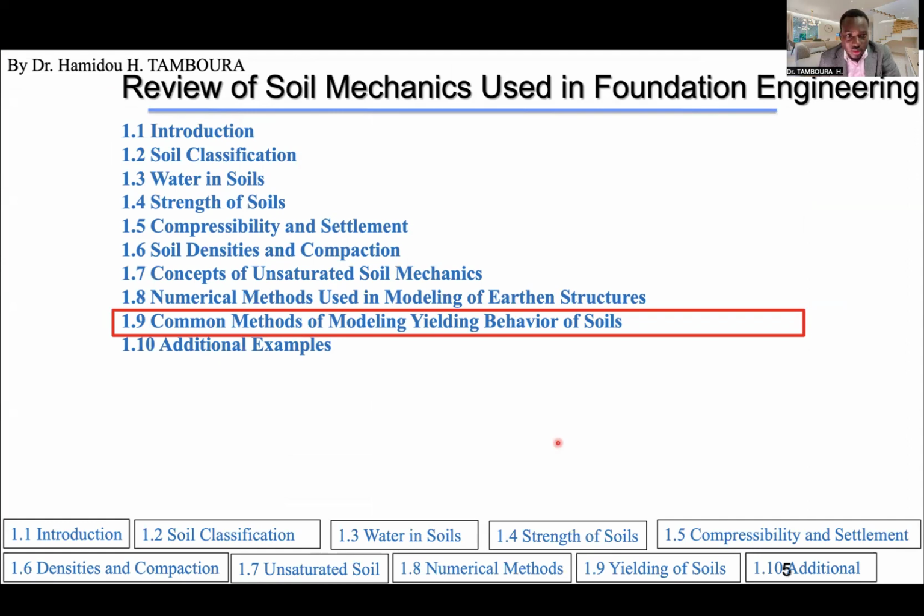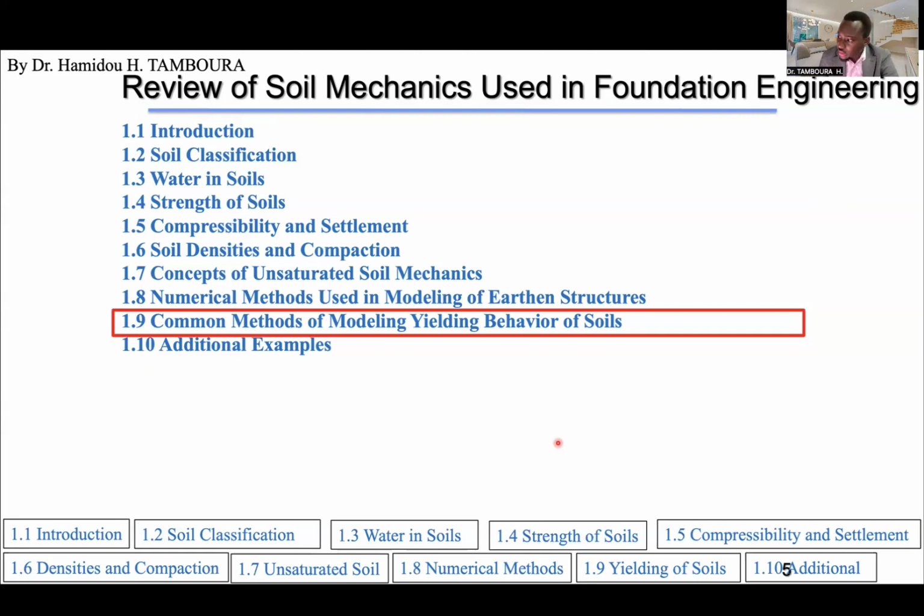So this is the before-last point. I think for this point we will also do several videos. It's just about laws that are governing the behavior of soil. Okay, common methods of modeling yielding behavior of soil.